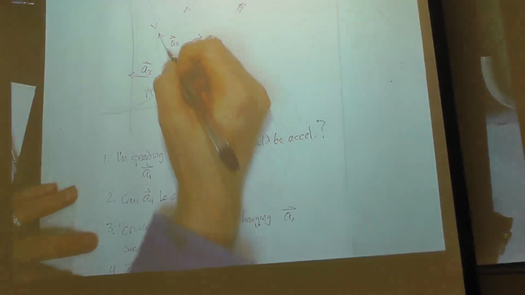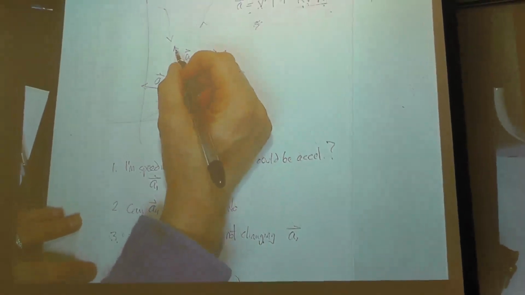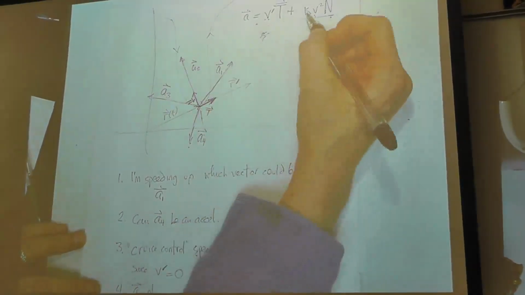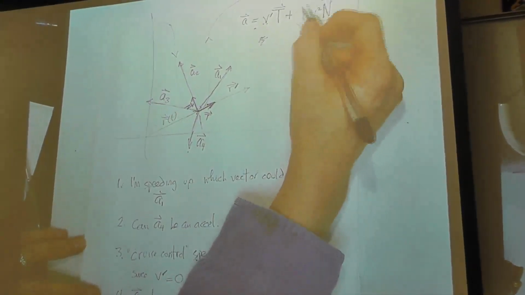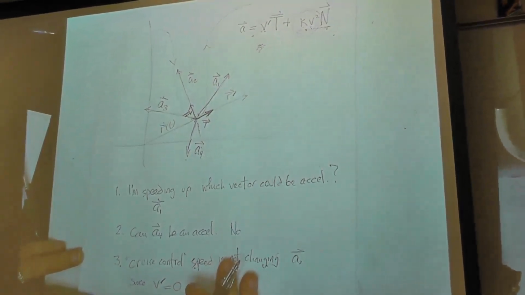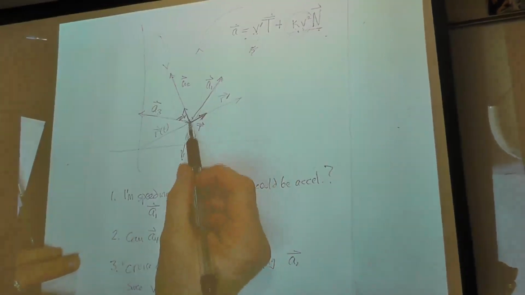If you want to keep your acceleration from pulling too much in the normal direction, what makes this small? You're going to go into a curve. What keeps you from tipping over?